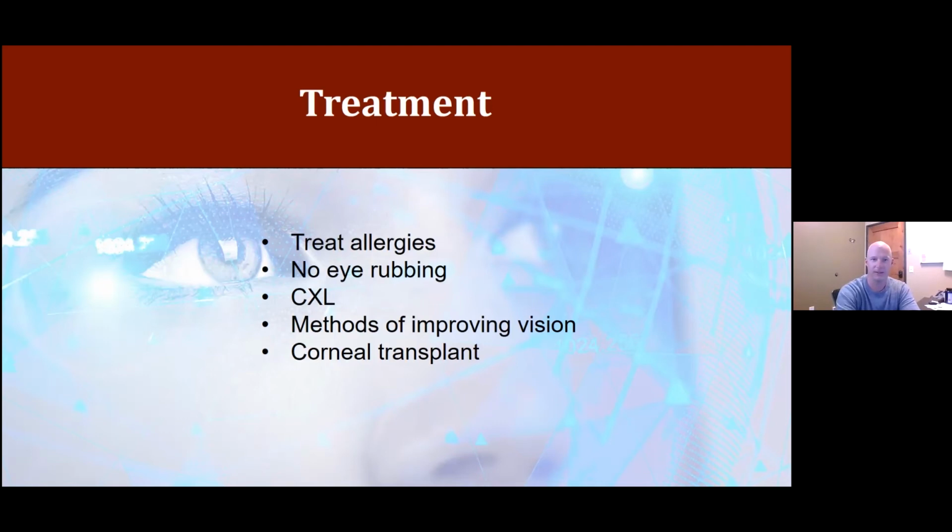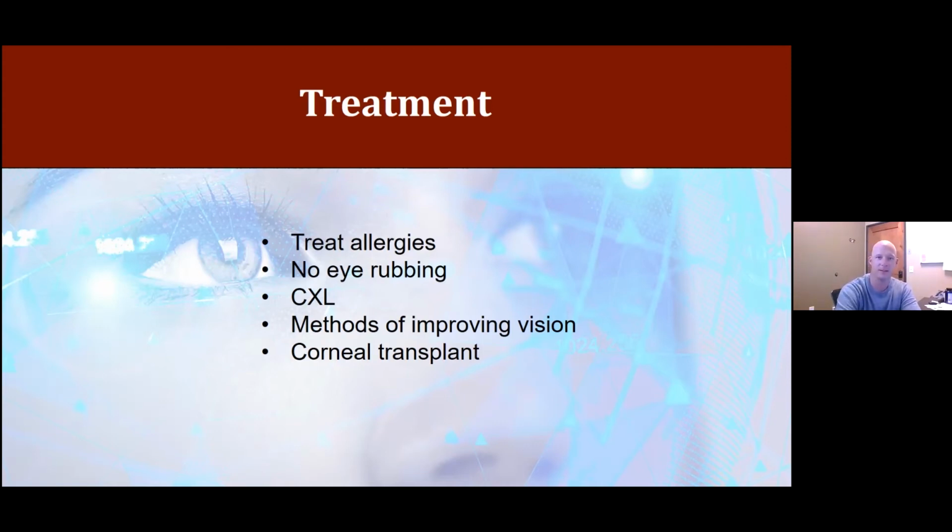There's some other treatments for keratoconus, some of them relatively new. One of them is CXL, which stands for corneal collagen cross-linking. So we'll talk a little bit about what that is. We'll talk about some methods for improving your vision if you have keratoconus.